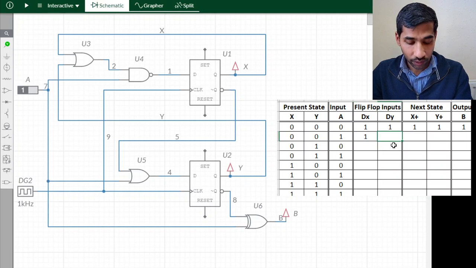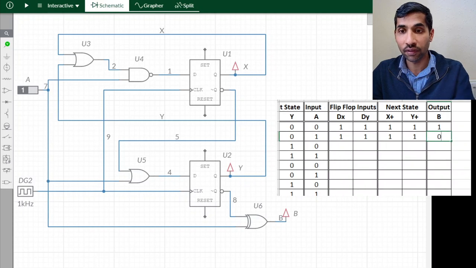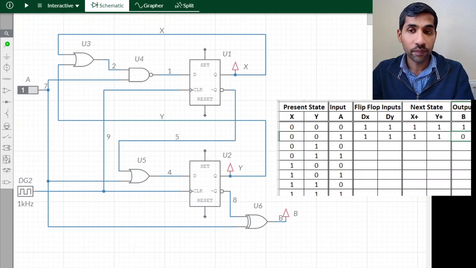And what is your dy going to be? This is going to be 1 OR with 1, so you have a 1 here again, so your next state is still going to be 1 1, and your output is going to be 1 here and 1 from here, so 1 exclusive OR 1 is 0, so your output is going to be 0.